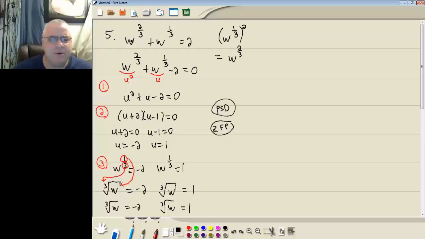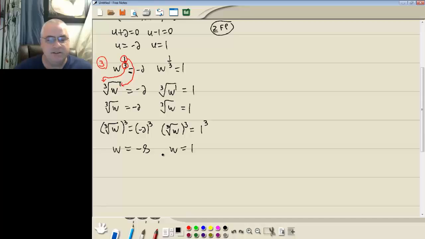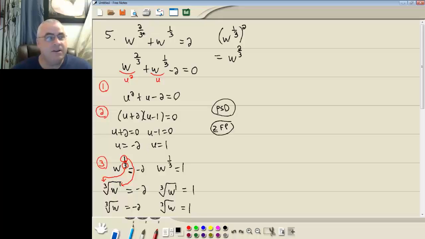If I put negative 8 up here, negative 8 to the 2/3 and negative 8 to the 1/3, negative 8 to the 2/3 would give us 4, and negative 8 to the 1/3 would give us negative 2. 4 minus 2 does give us 2, so it checks. If you're not very good at checking that, you can plug it in your calculator.